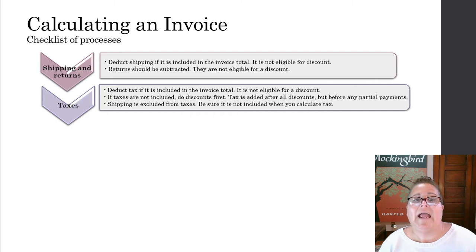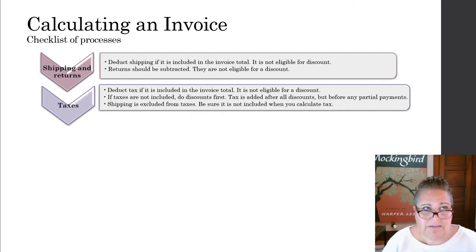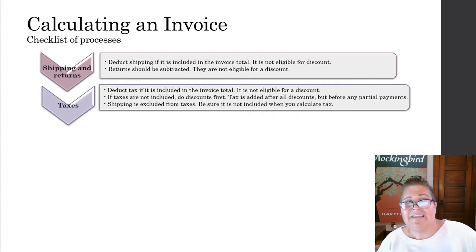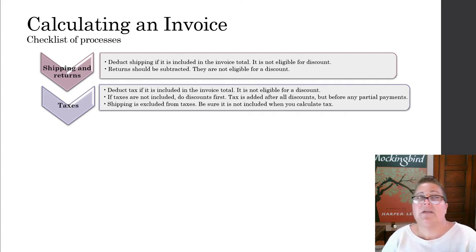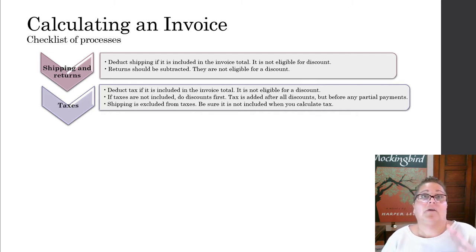Tax will be added in after the discounts, but before we do any partial payments. So we've got to add the taxes after the discounts, and we do partial payments after them. For our purposes, shipping is excluded from taxes. So before you calculate taxes, you've got to make sure that shipping has been deducted.